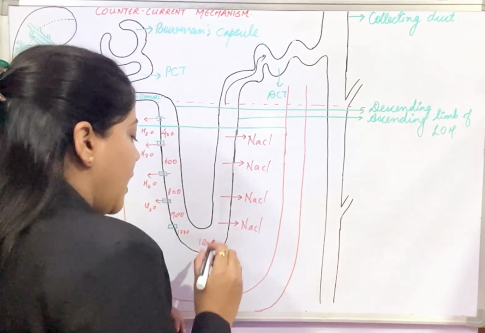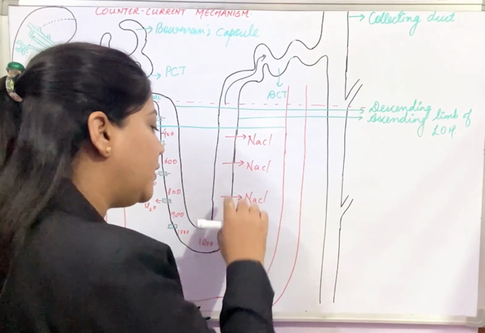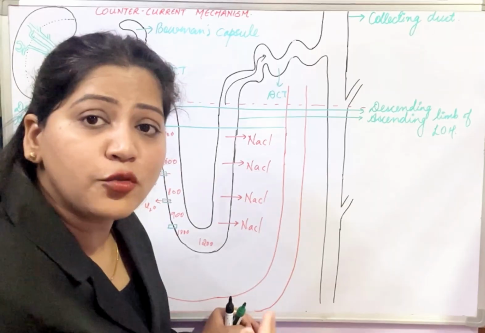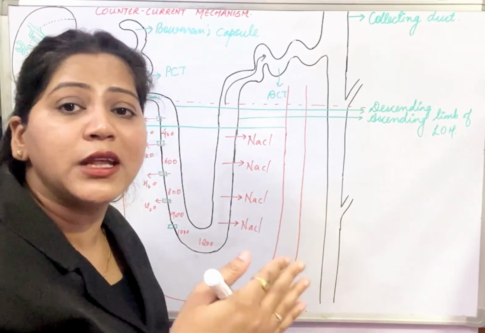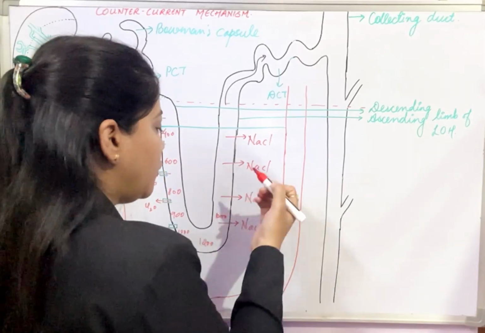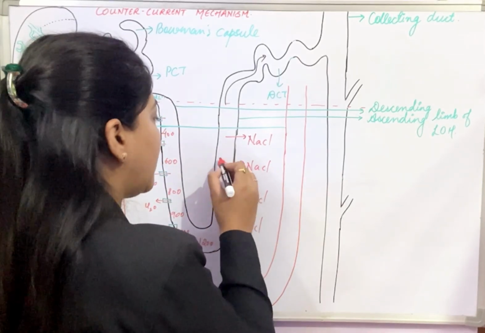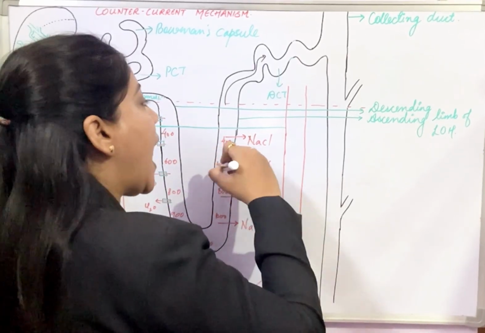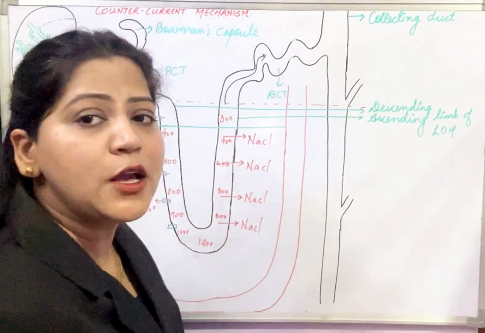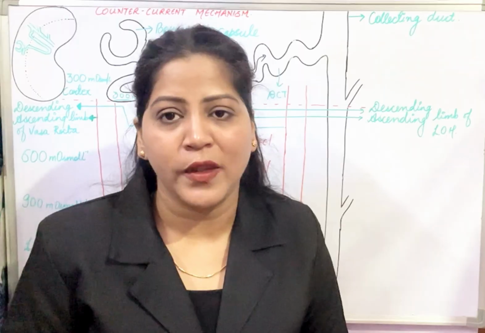As the NaCl moves out, obviously the concentration will go down and the osmolarity will decrease. From 1200 it will decrease to 1000, then 800, 600, 400, and as it moves further it will become 300 milliosmol per liter again.